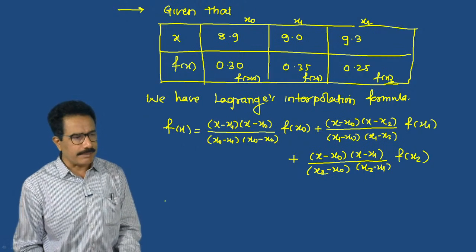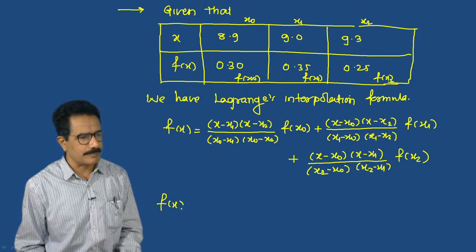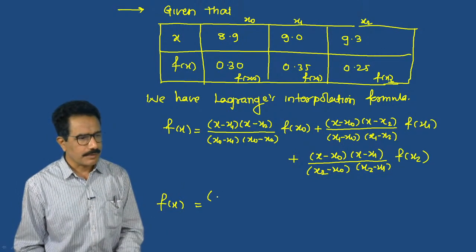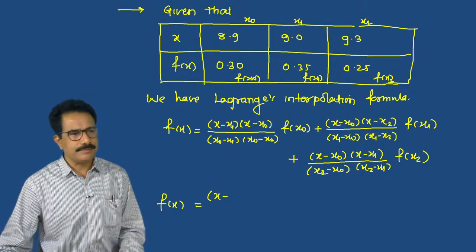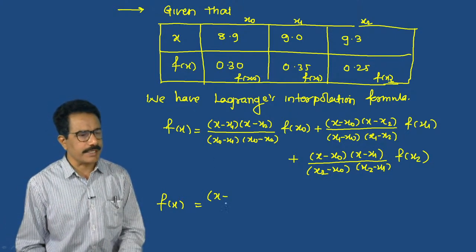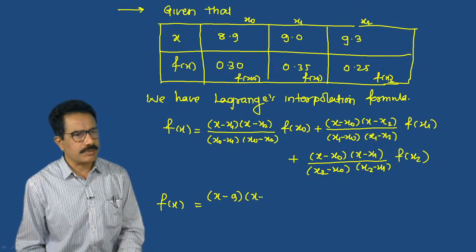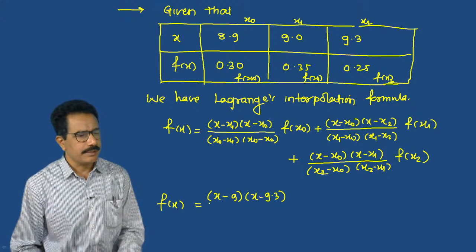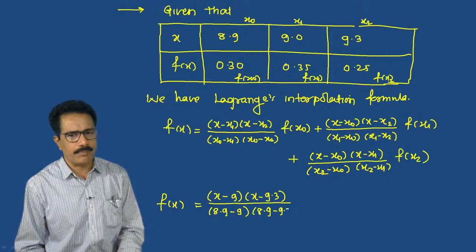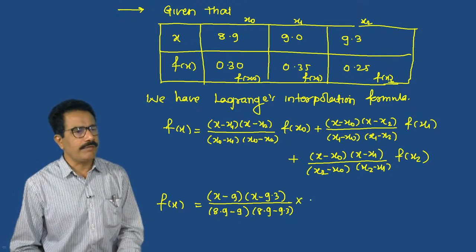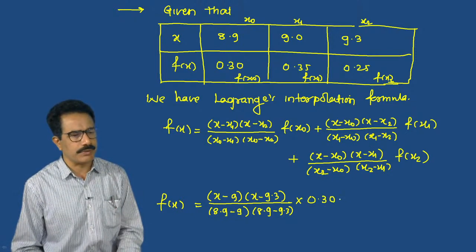Now tell me the values, quickly. f of x equals, x is the unknown term, x minus x0... what is x0? x minus x1, x1 means 9, x minus x2 means 9.3, divided by x0 minus x1, 8.9 minus 9, 8.9 minus 9.3, into f of x0, which is 0.30.